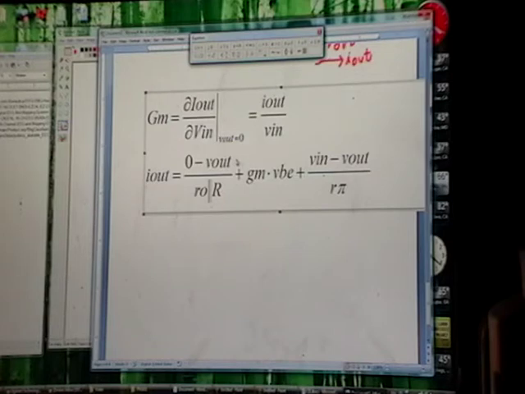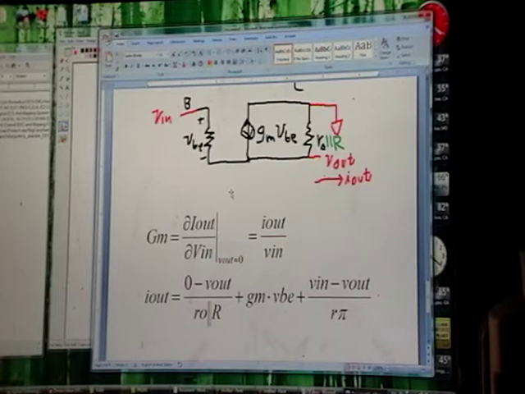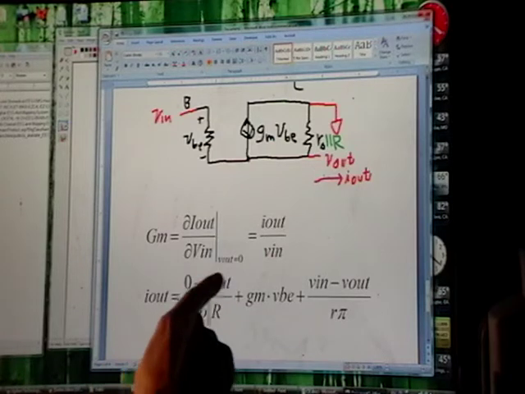You'll see it in books as RL equals 0. That just means there's no resistor between the output and ground. So V out equals 0. Going back over here for GM, if V out equals 0, that makes sense. You've got a ground on this side, ground on this side. This term right here disappears.